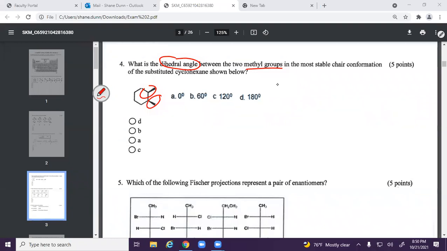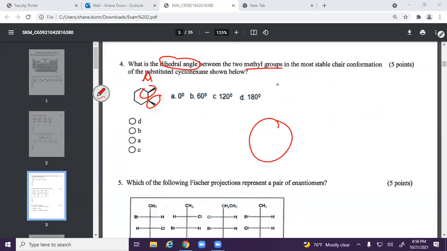What this is trying to say is those two methyl groups are attached right next to each other, right? The best way of looking at this is a Newman projection. If we're looking at it like this, it would technically be like that. Let's draw it better.